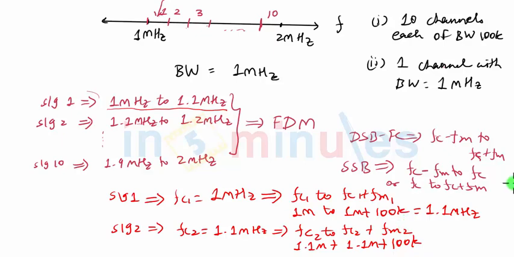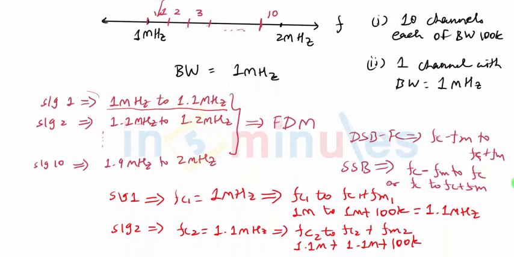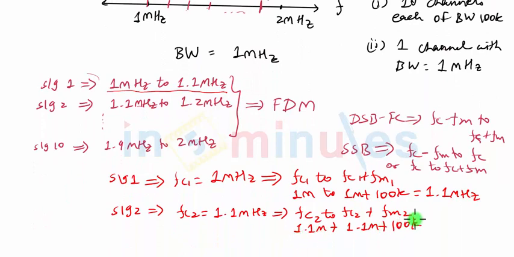Fm2 is the bandwidth of the second signal, but all the signals that we have taken are of the same bandwidth, 100k. So you can see this will be nothing but 1.1 mega to 1.2 megahertz.